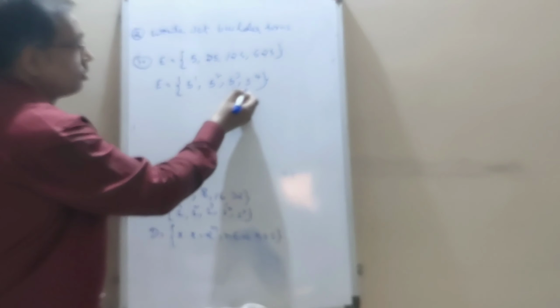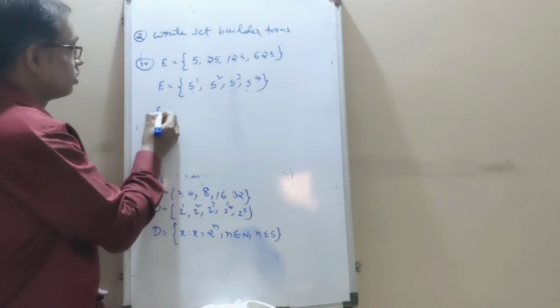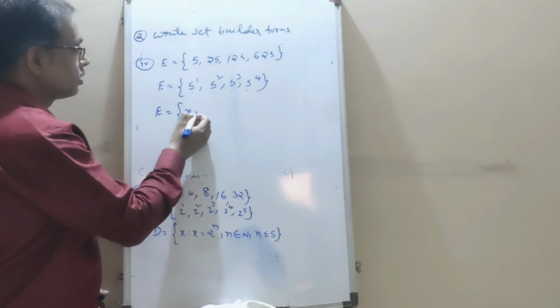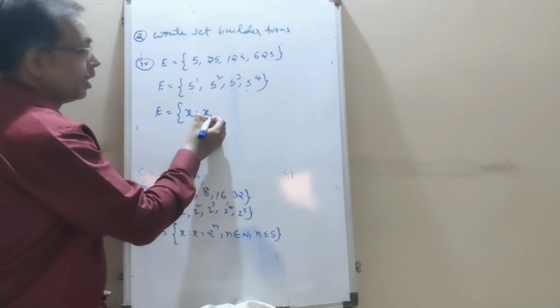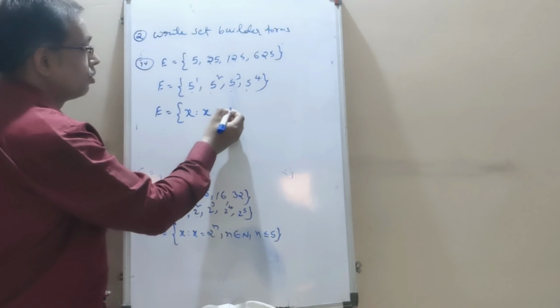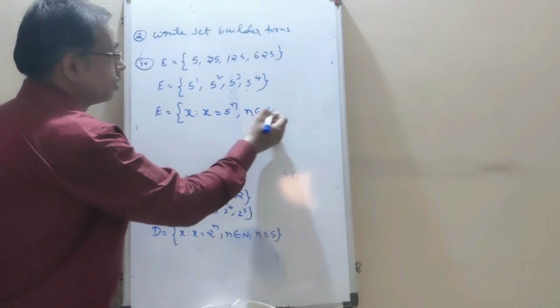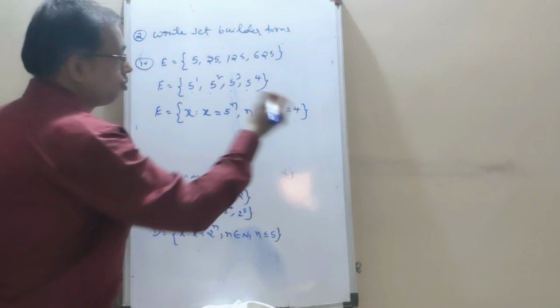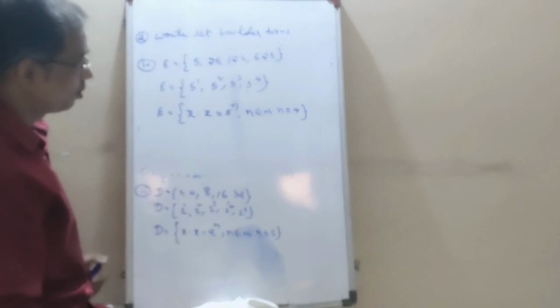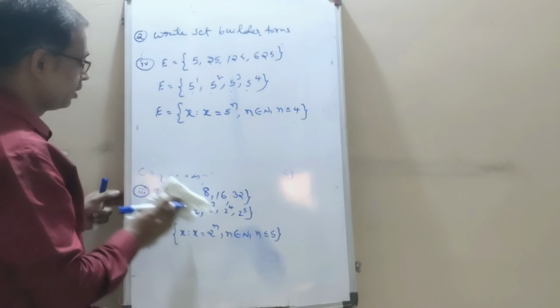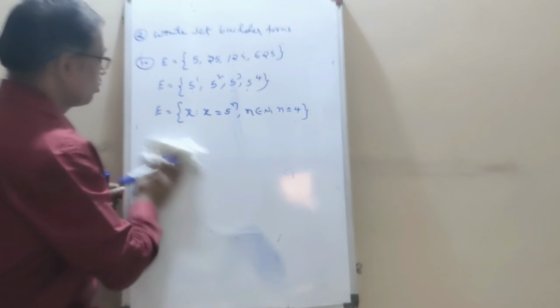Here the base is constant as usual. So the set builder form is x such that x is equal to 5 to the power n, where n belongs to the natural numbers and n is up to 4.